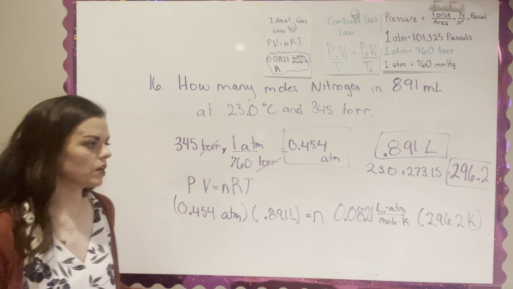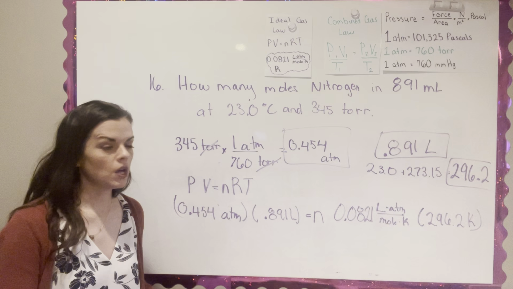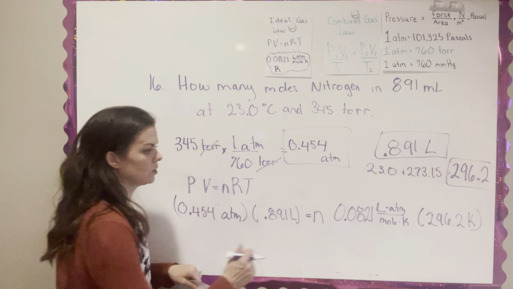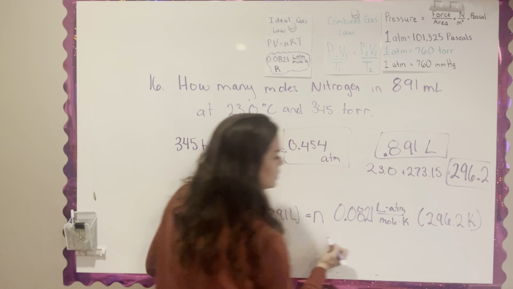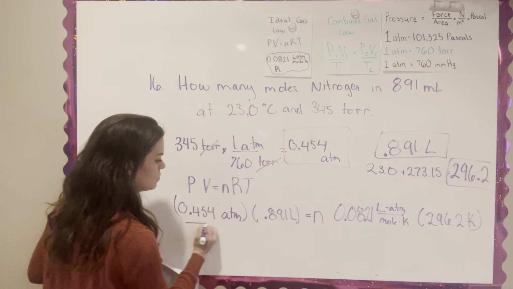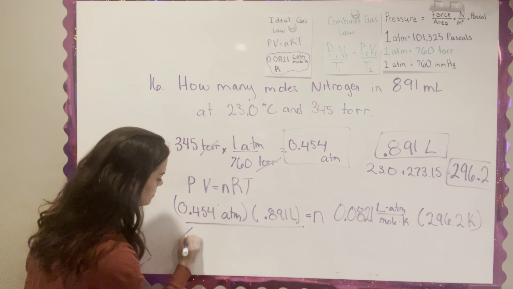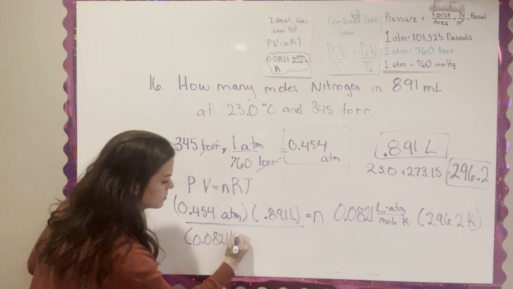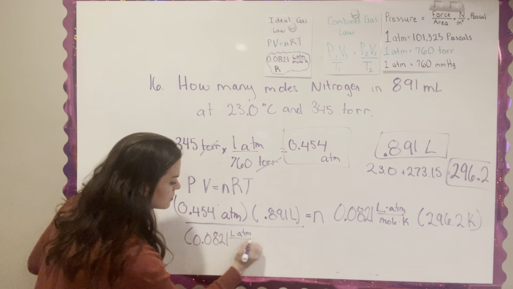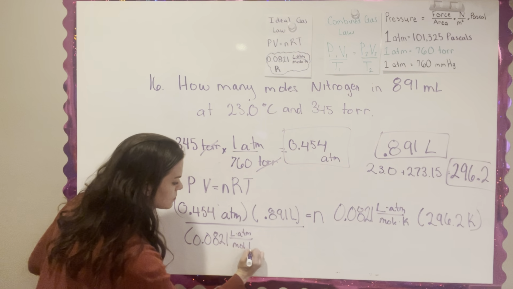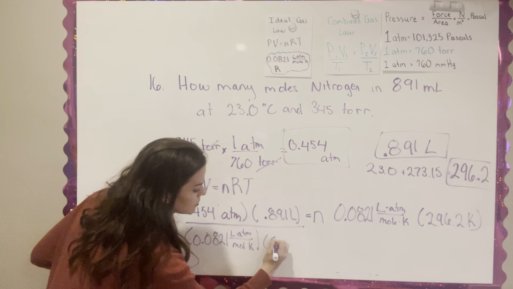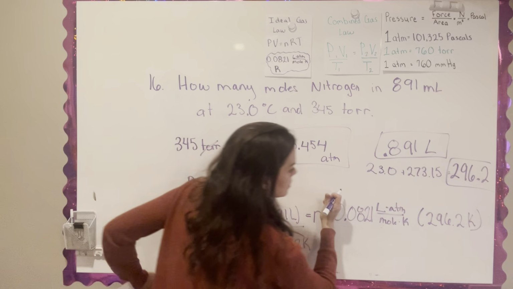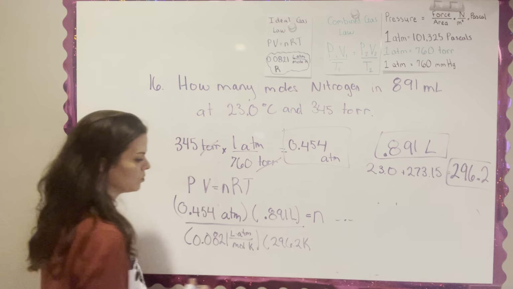kelvins. So I'm actually going to rework this problem to solve for n. What you're going to end up doing is dividing by all of this on that side, and then you would divide by all of that on this side, and that would be equal to n.